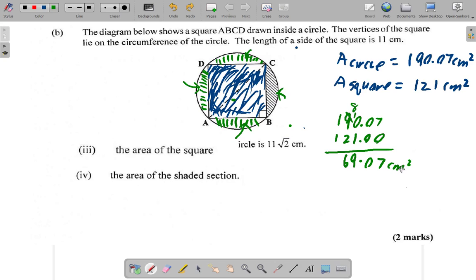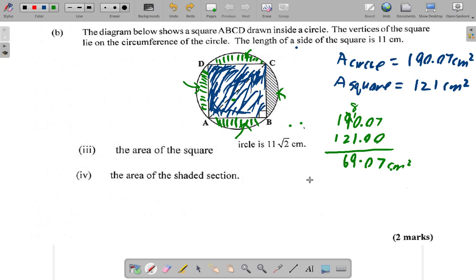Alright? That's what would happen. You see that? Then this 69.07 is representing all 4 shaded areas. They only shaded one of those areas and ask you to find it.